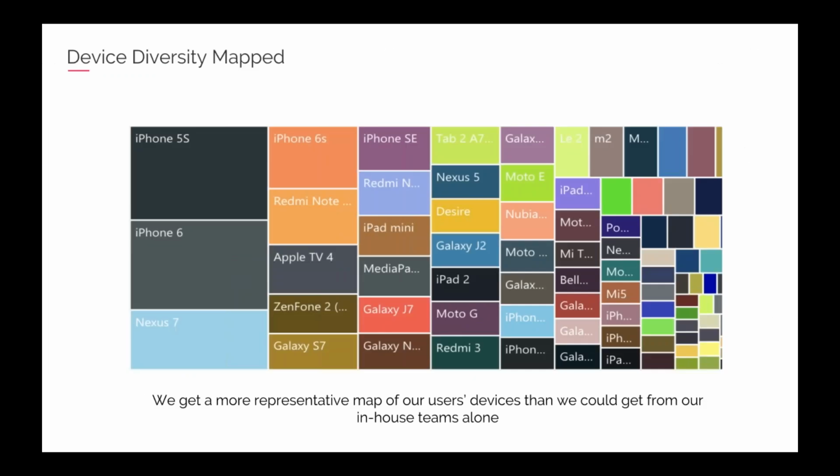This is an interesting graphic here of the sheer number of devices. I'm not sure if this is for a single project or even a single test, it's possible, but you can see here the sheer number of devices that get picked up by the crowd. If we were going to do this regression testing internally, we'd never be able to hit this number of devices, certainly not with 2 testers over 3 days.